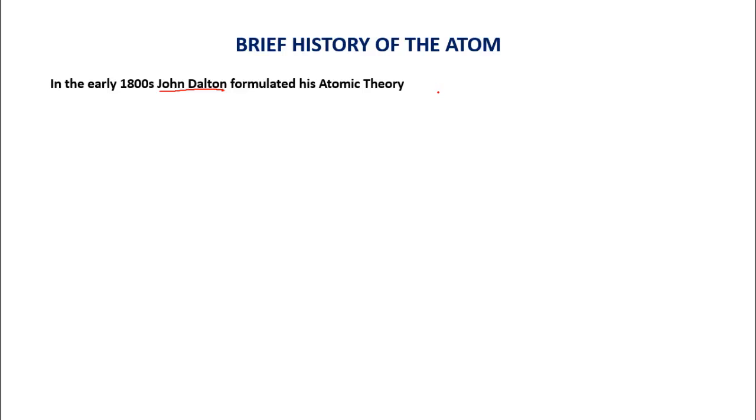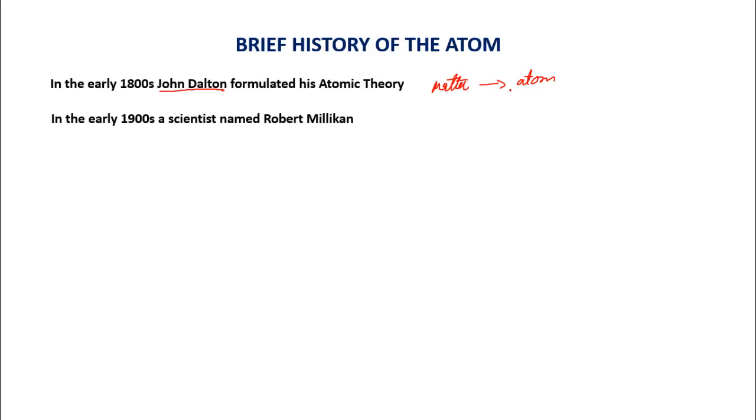According to John Dalton, matter consists of small particles which are indivisible, and he used the term atom. So according to John Dalton, matter consists of small indivisible particles called atoms. That's why this is called Dalton's atomic theory.